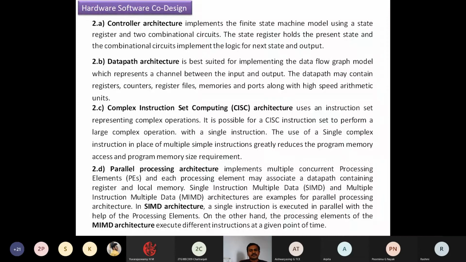On the other hand, the processing elements of the multiple instruction, multiple data architecture execute different instructions at a given point of time. So the SIMD is a single instruction executed in parallel by processing elements. The MIMD uses different instructions at different points of time.